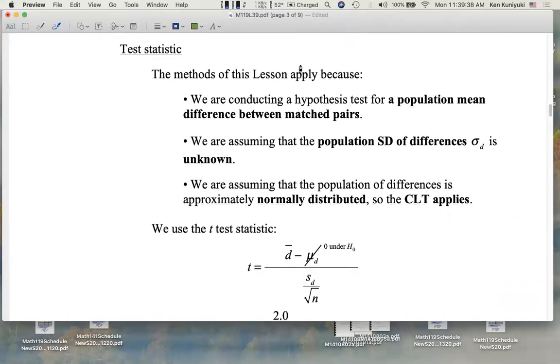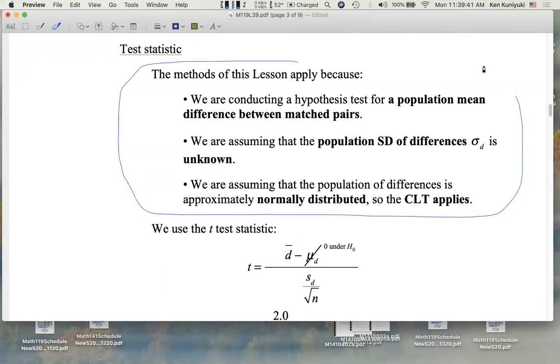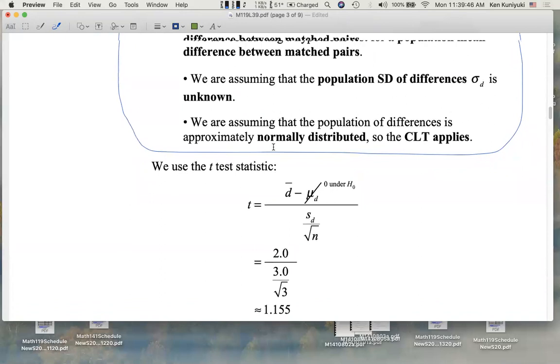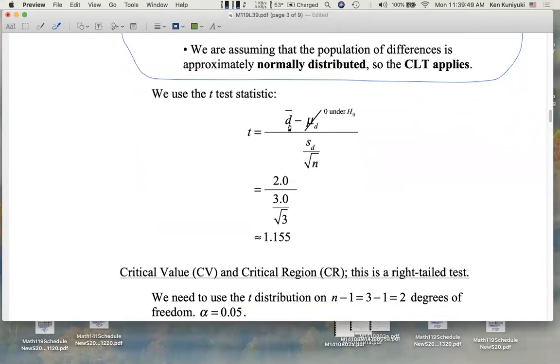Okay, the methods of the lesson apply for the usual reasons, like for the t-test, except we're looking at differences. We're doing a t-test on differences. Here's our t-test statistic: the sample mean of the differences between the matched pairs, d bar, minus the mean of the differences under the null.